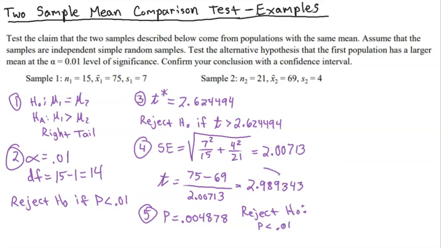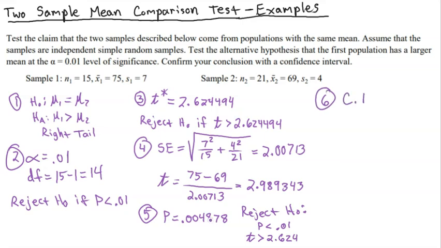Also, look, our t, 2.989, is greater than 2.624. And so we can say also because t is greater than 2.624. And we can put the other 494 if we want to, but we get the picture. So we are rejecting H sub O, and now we're going to confirm it with a confidence interval.